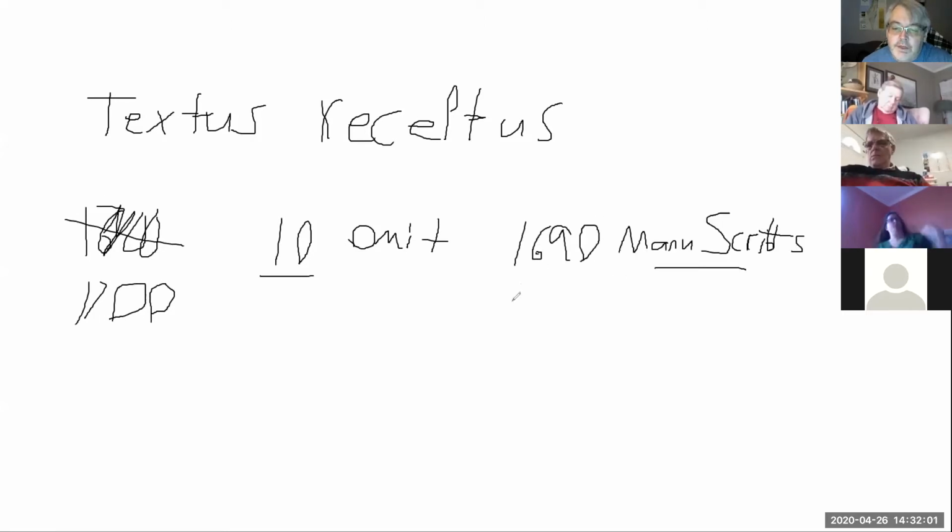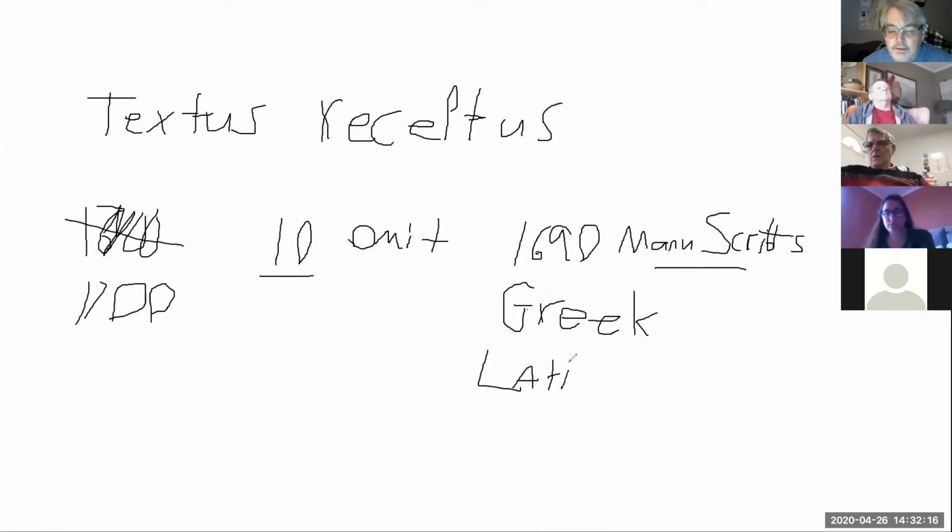Well, there were some mostly Greek, a few Hebrew, a few Latin. Jerome, part of the Textus Receptus, was the Latin, but the Latin, if you look it up, and we can't get into the deep things of that, but the Latin was Jerome translated directly out of the Hebrew Matthew, for example.